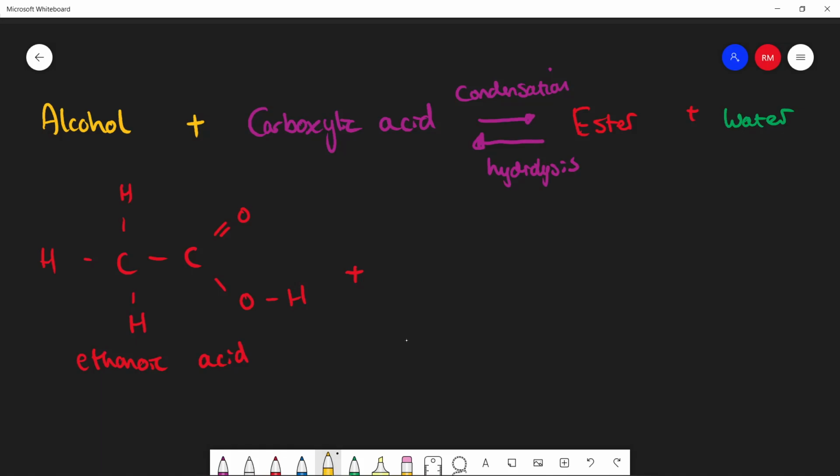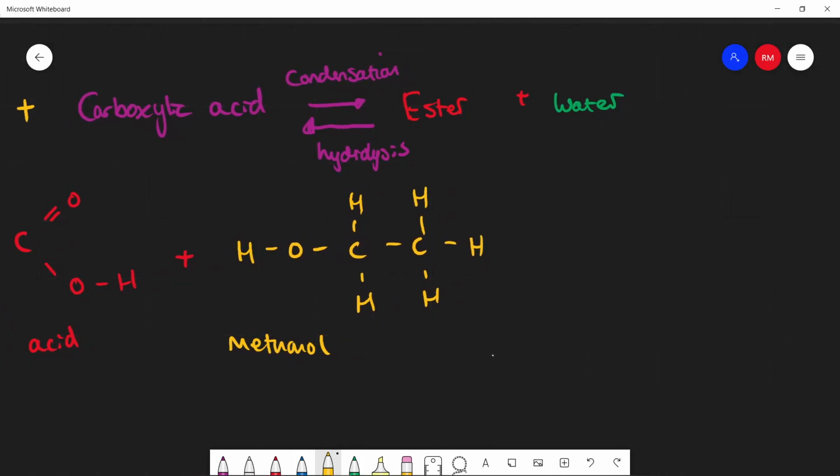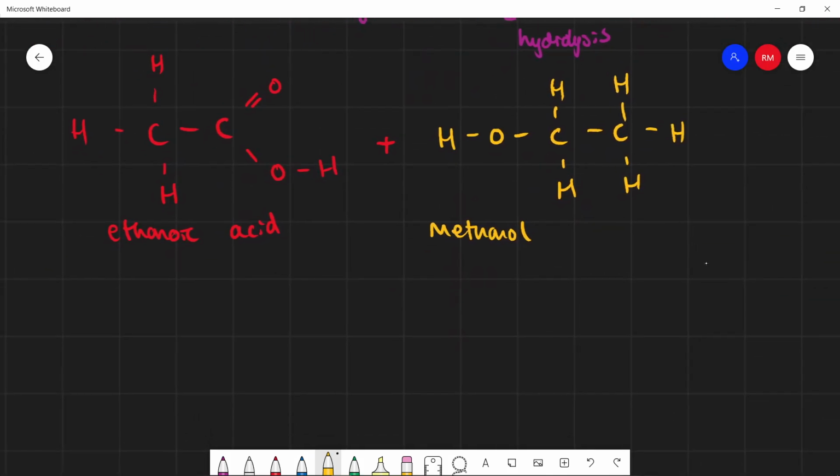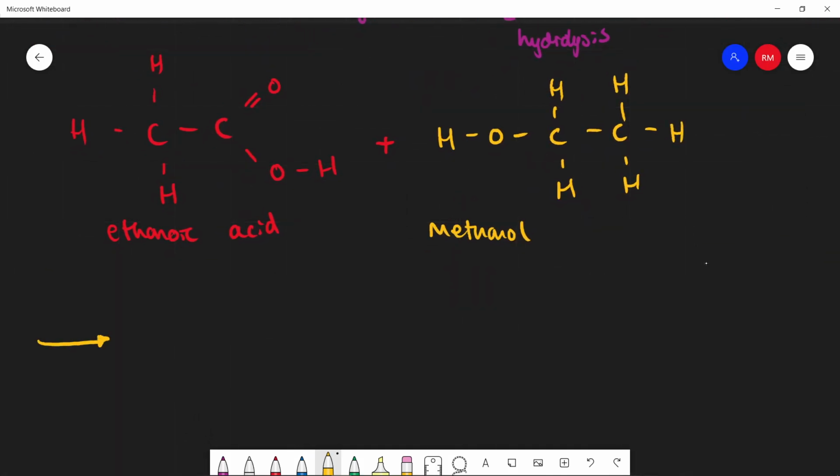This is our alcohol. We have some methanol, like so. And these are going to react. So sorry, we'll draw it down here so we can see all our products. These are going to react with some H2SO4 and maybe an 80-degree water bath, and they're going to form an ester.